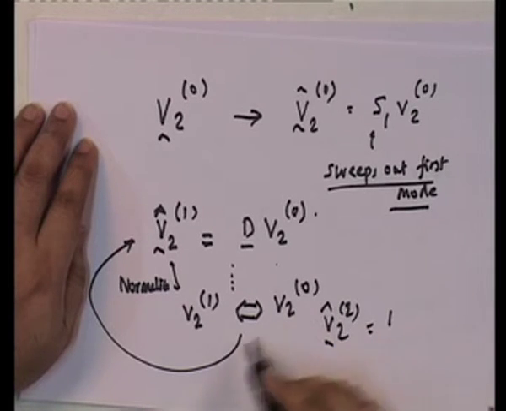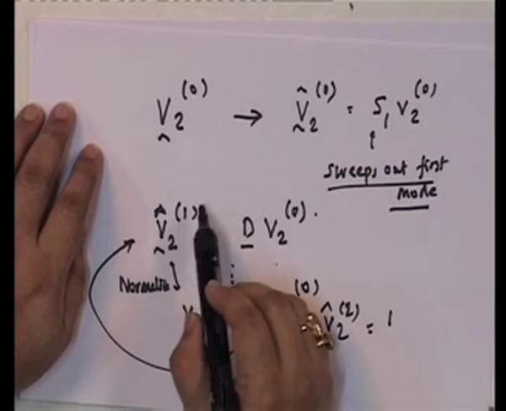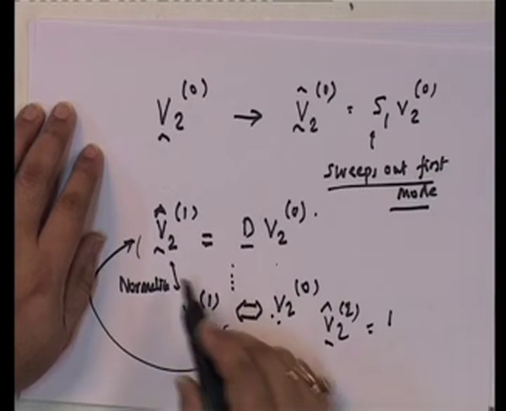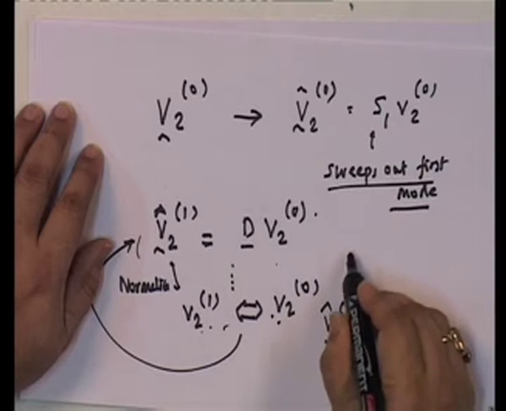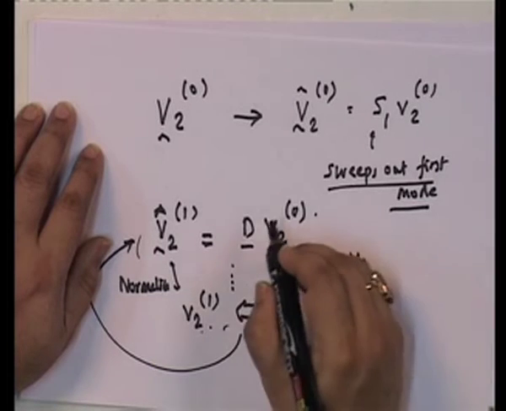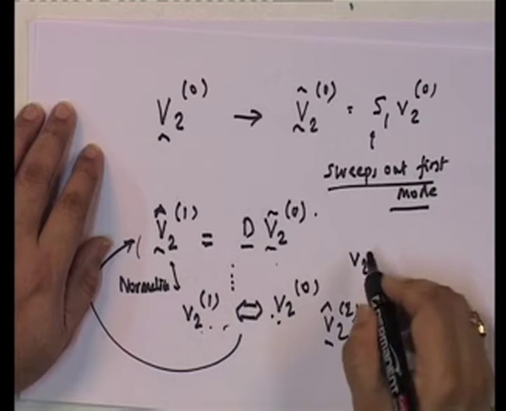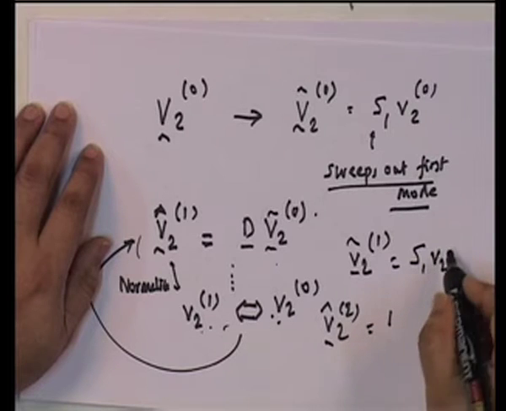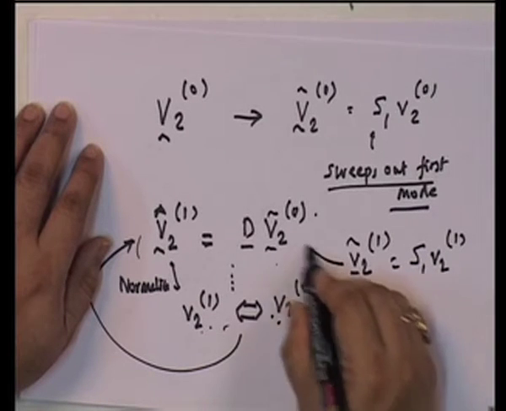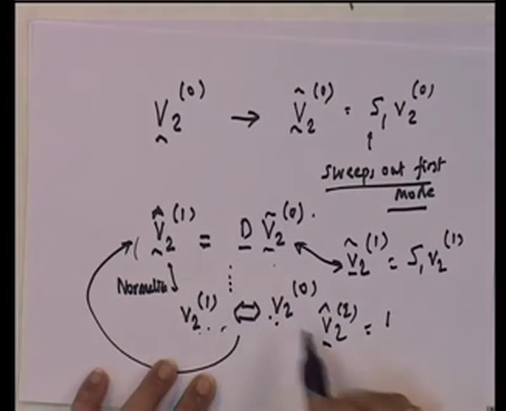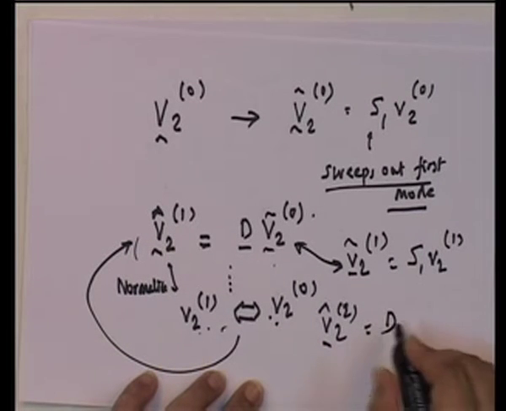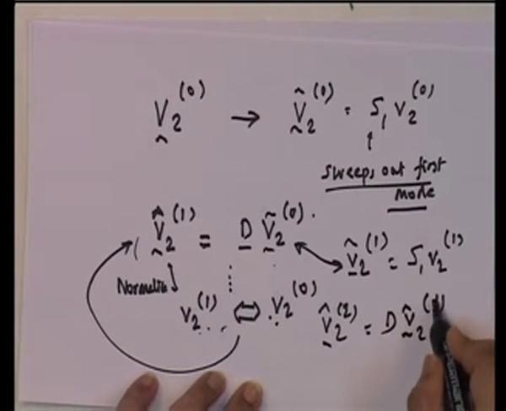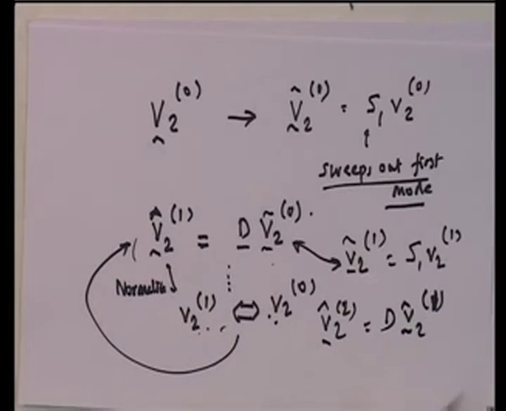As soon as you find V2, check this first. If it doesn't work, then take V2 1 tilde equal to S1 V2 1. Plug that in here. Get the next one. Find this, continue doing this.